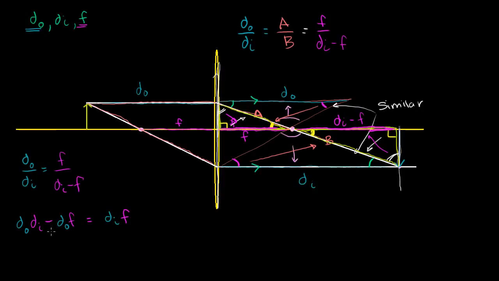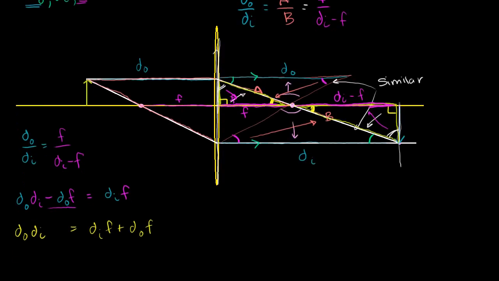And now we can add this term right over here to both sides of this equation. Now I'm just going to switch to a neutral color. So we get d naught di is equal to, I'm just adding this to both sides. When you add it to the left side, it obviously cancels out, is equal to di f, this thing over here, plus d naught f. And then we could factor out an f, the focal length.